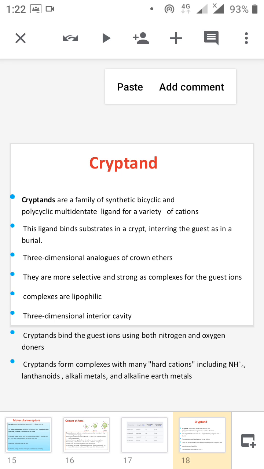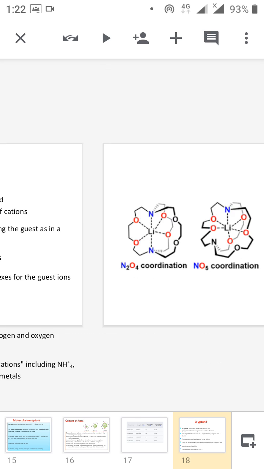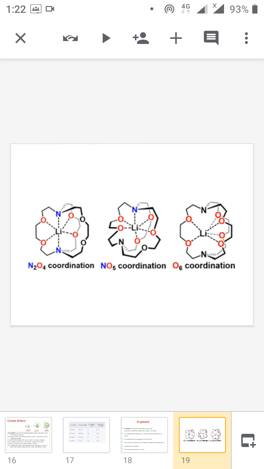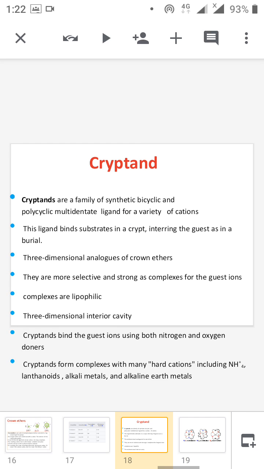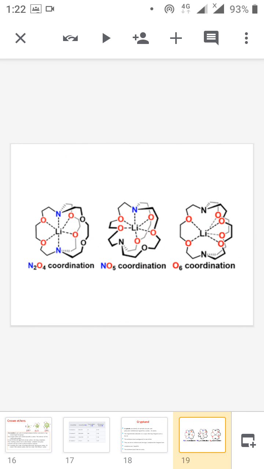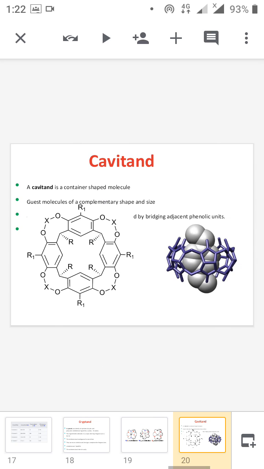The cryptand forms a complex with many hard cations including ammonium, lanthanoids, and alkali metals and alkaline earth metals, and this is the structure of the cryptand, in which the lithium is bound with both the nitrogen and the oxygen, and sometimes in another cryptand only one of the nitrogens is bound to the lithium, and oxygen is also used for the binding.